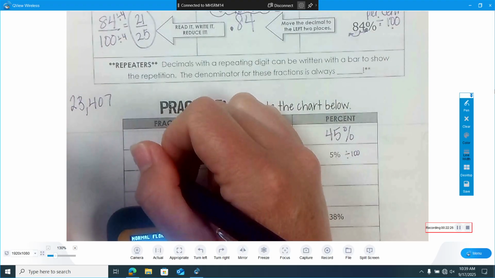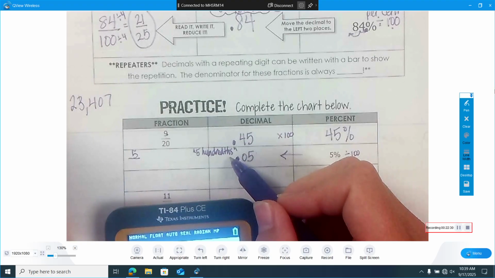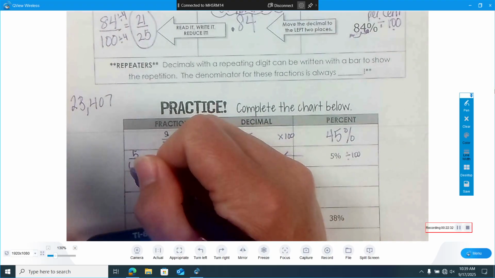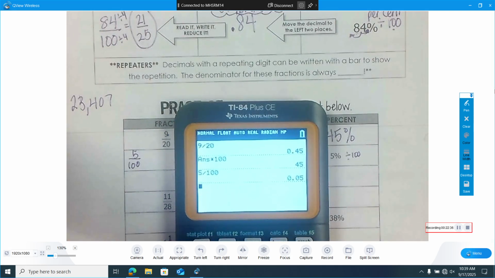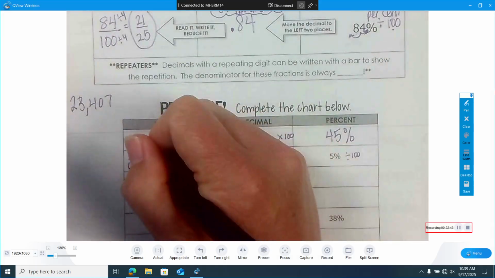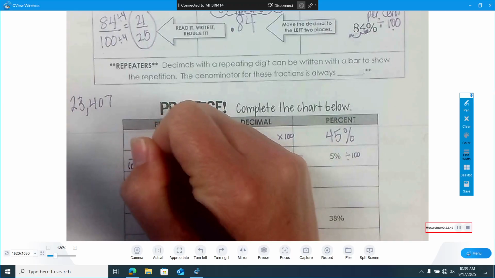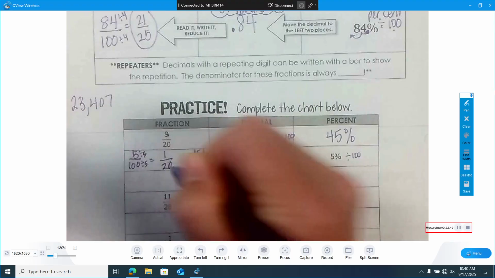It's got a 5 on top, and what's its denominator? Hundreds. So 5 hundredths, and I'm going to go ahead and, let's see, I guess I'm going to math frac that. Oh, I didn't have to do it. It divides by 5. That's so silly. Okay, so I get 1/20. All right.